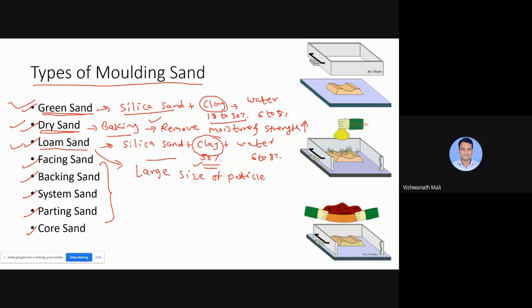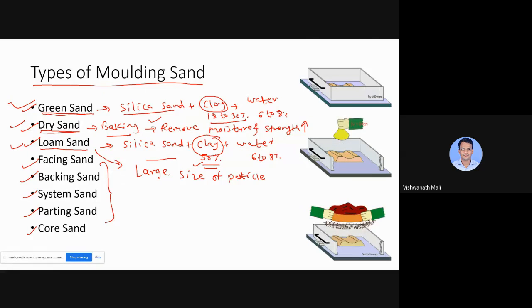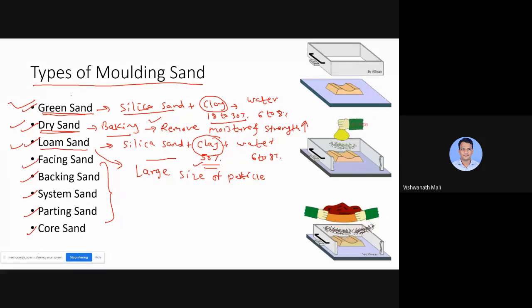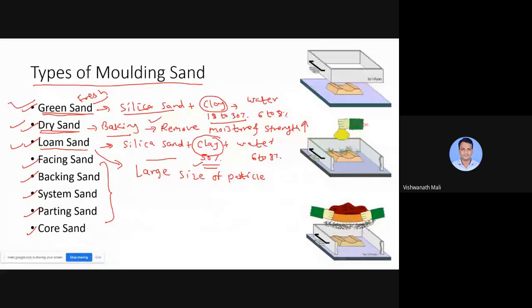The first three types are green sand, dry sand, and loam sand. What is green sand? When its ingredients are silica sand, clay at 18 to 30%, and water at 6 to 8%, then this sand is called green sand. We also call it fresh sand, right? Now, next is dry sand.